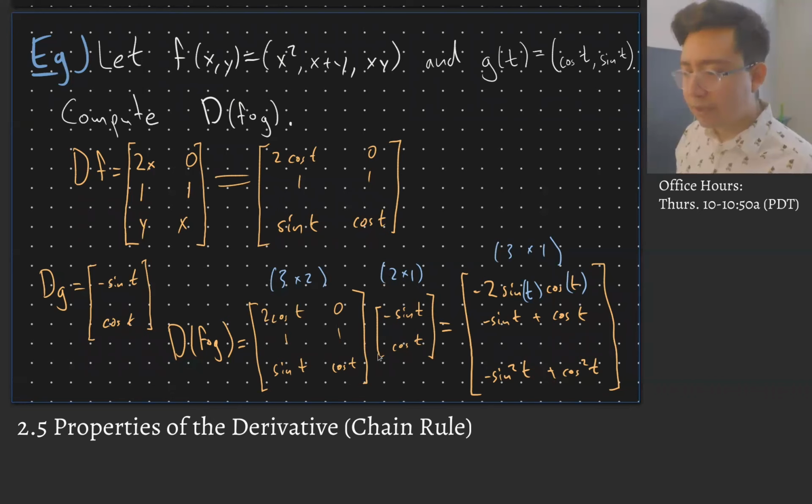I do this dot product, and I get negative sine t plus cosine of t. And then lastly, I do this bottom row with this only column, and I get sine of t times negative sine of t, which is negative sine squared of t, and then cosine of t times cosine of t, which is cosine squared of t.